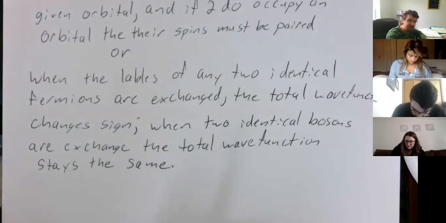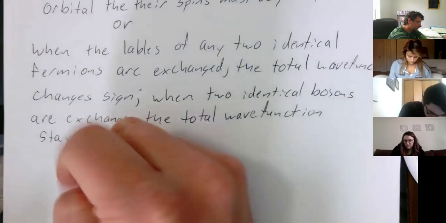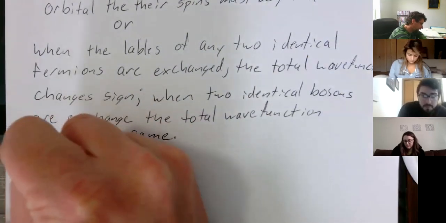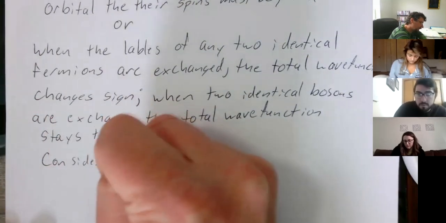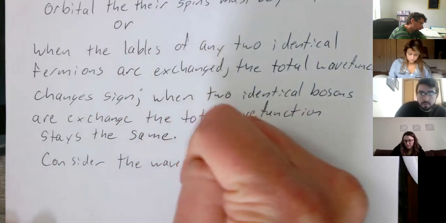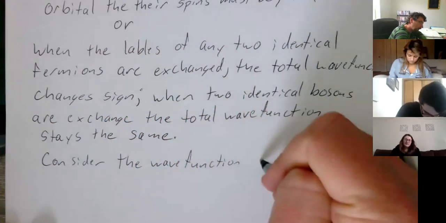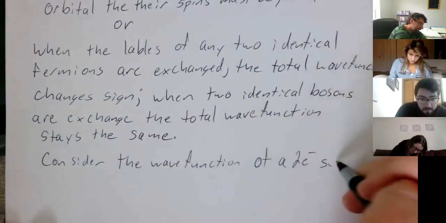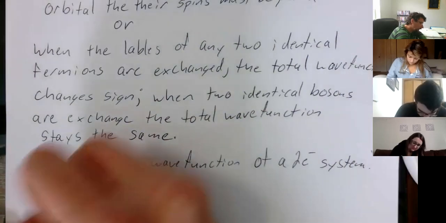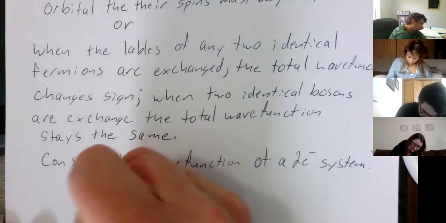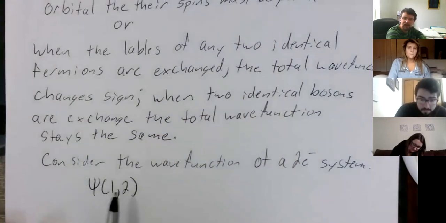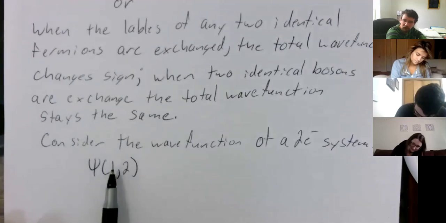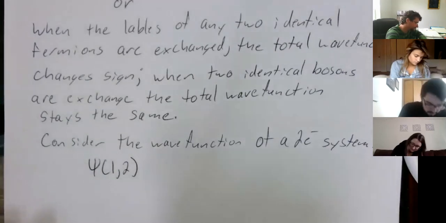So what this is saying is, consider a system that has 2 electrons in it. Consider the wave function of a 2-electron system. We have psi of 1, 2, indicating that it's a wave function that depends on electron number 1 and electron number 2.